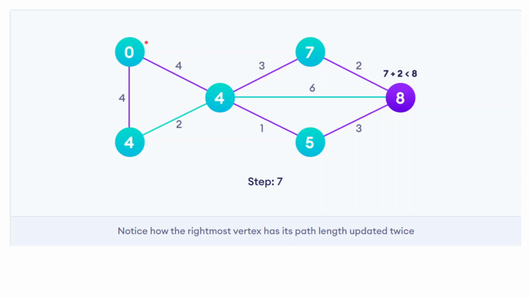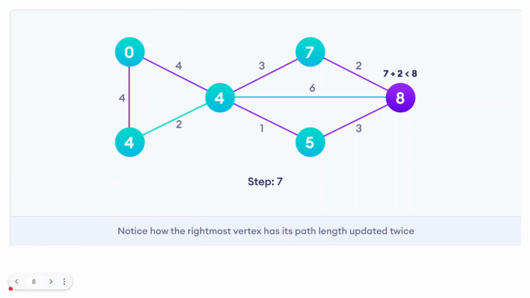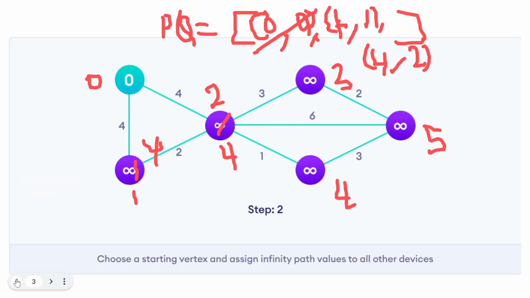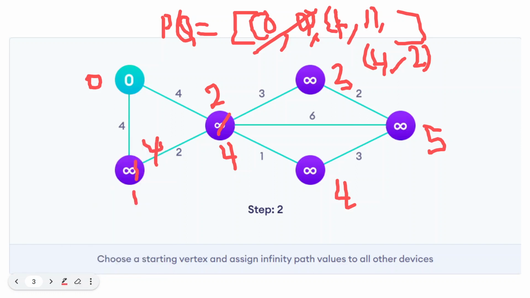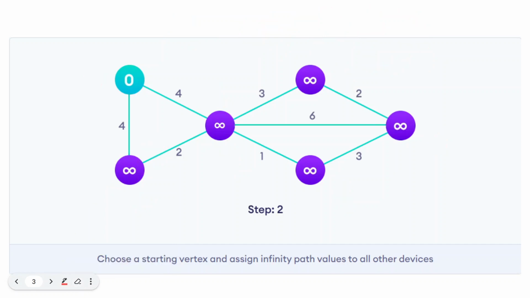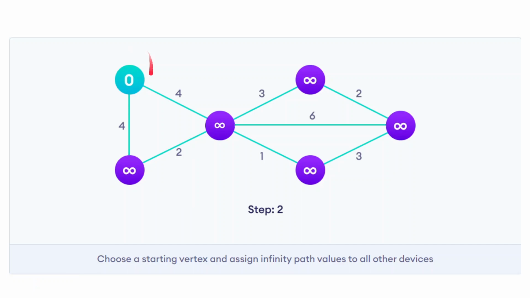Here we have 0, and every other node is assigned infinity.